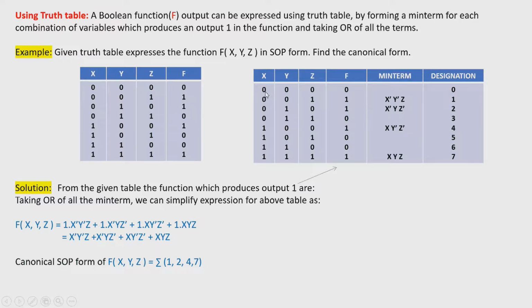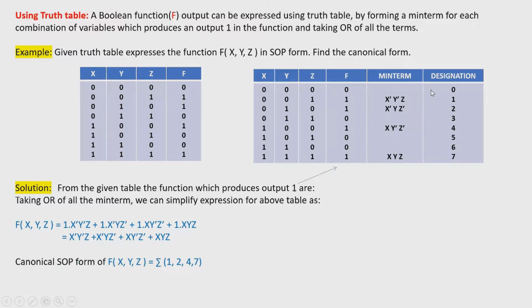So 0, x becomes complemented, 0, y becomes complemented, so you get x complement, y complement, and z is 1, so it is not complemented. Right, so here also f is 1, so again here x is 0, so the literal gets complemented as per the minterm rules. Right, then y is 1, so y remains the same, z is 0, so z gets complemented. Okay, so similarly this, and this also. So you have 4 functions with the output 1, so you have 4 minterms in total.